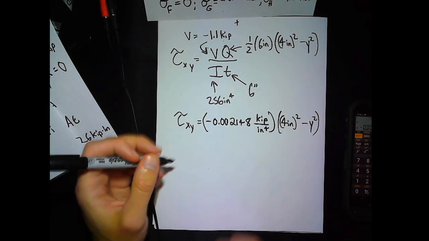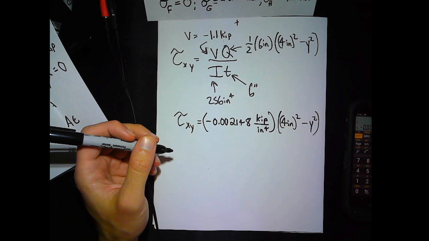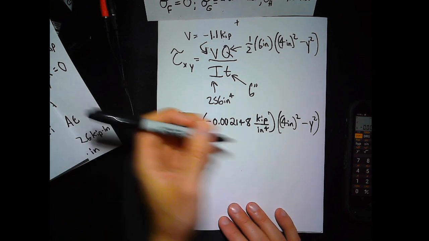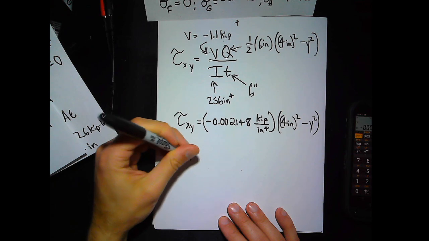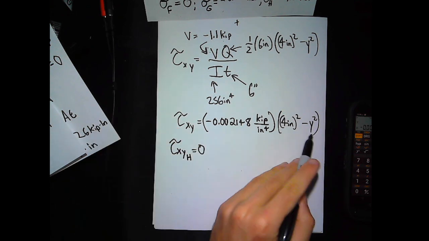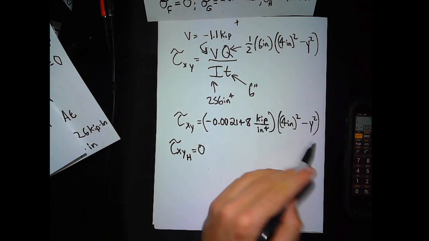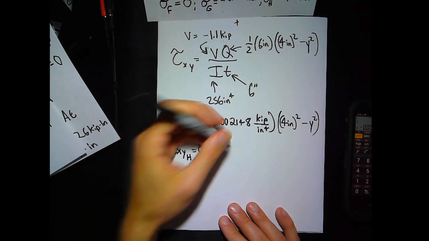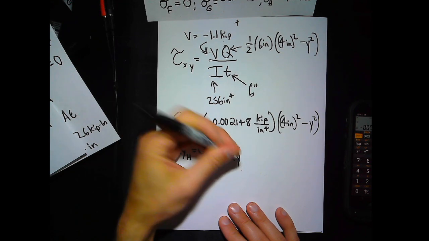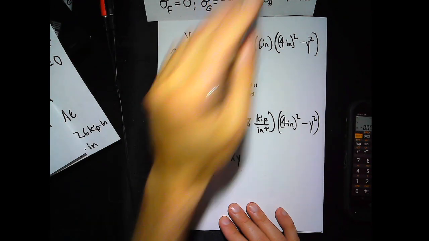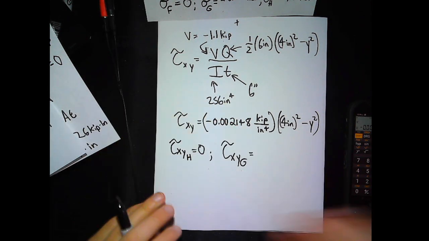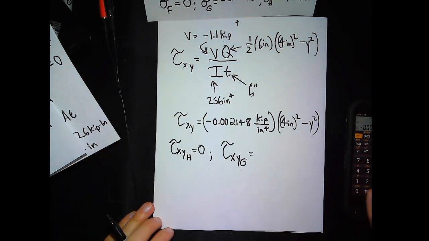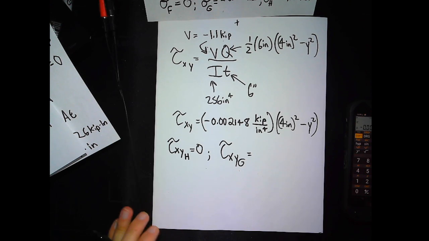Okay, so if I look at the top of the beam, obviously at H, tau xy at H is going to be 0, because y will be 4 inches, so that'll be 0. Tau xy at point G, that's 2 inches up, so y is 2 inches, so that's 16 minus 4, which is 12.